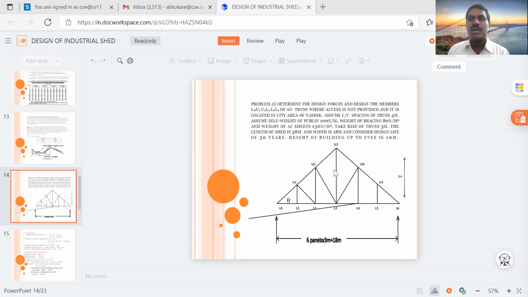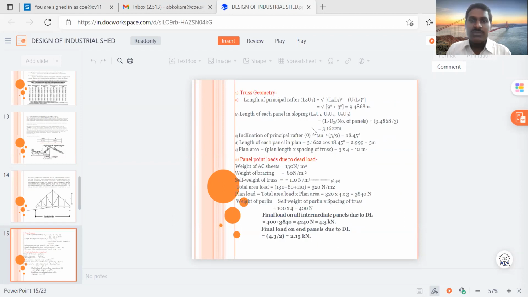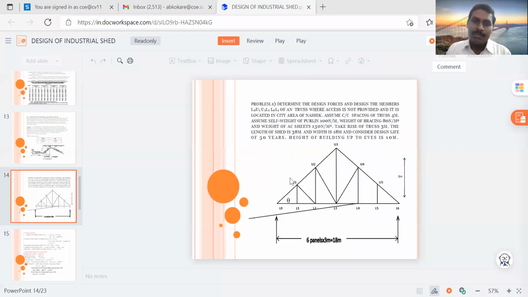Likewise, we have divided the inclined length into 3-4 segments. So here, L0 U1, U1 U2, U2 U3. How many panels are there? 1, 2, and 3. So there are 3 panels.